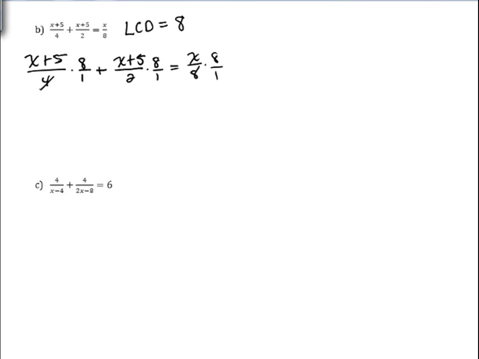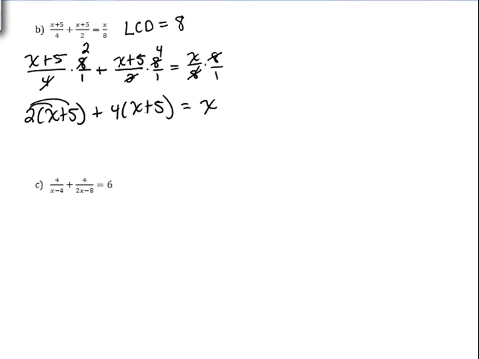4 goes into 8 twice, so this 4 cancels, and we'll be left with a 2 on top, giving us 2 times x plus 5. 2 goes into 8 4 times, that leaves us with plus 4 times the quantity x plus 5. These 8's cancel, and we'll be left with just an x on the right side.